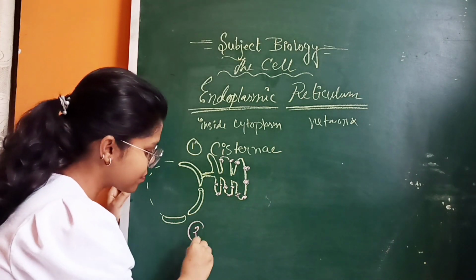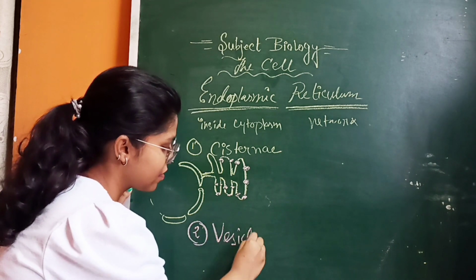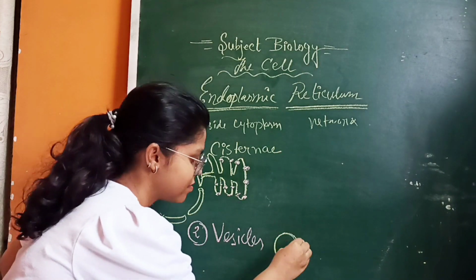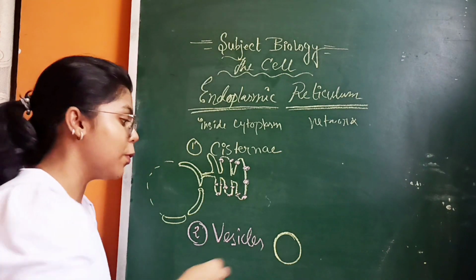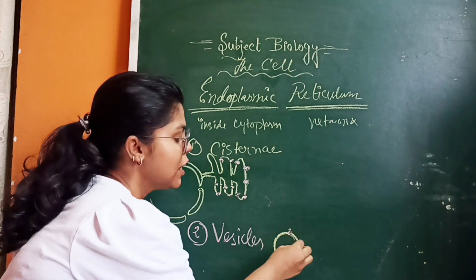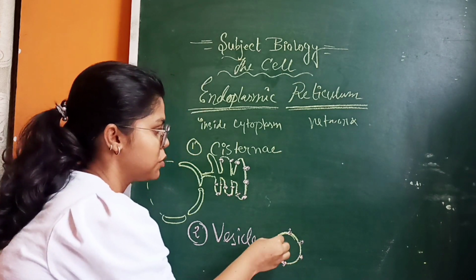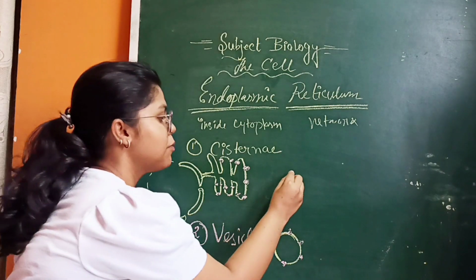Next is vesicle. Vesicle is like a spherical structure. This is vesicle, and on the surface of the vesicle, ribosomes are also present. These are ribosomes. The third one is tubule.